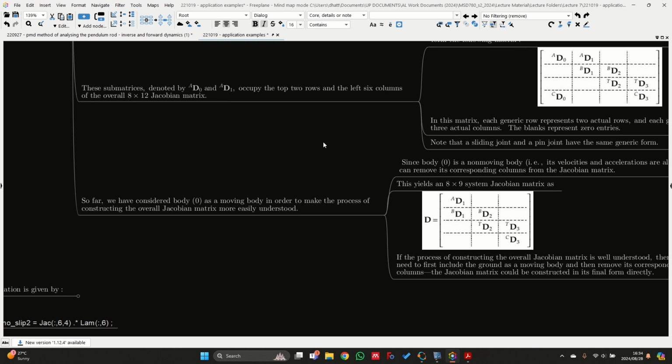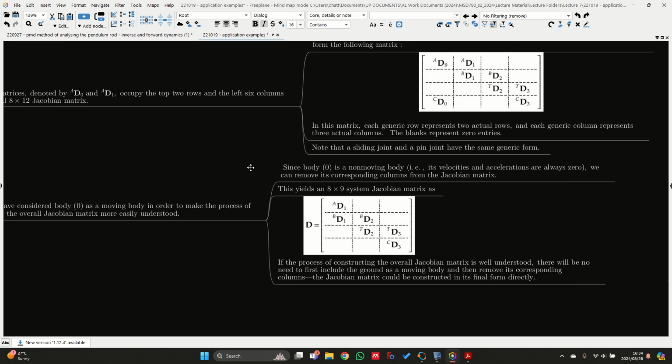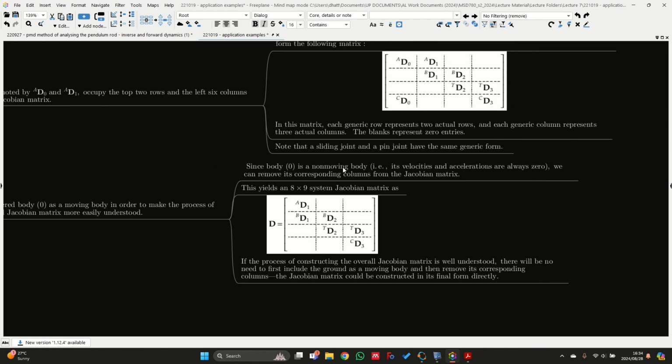So far we have considered body 0 as a moving body in order to make the process of constructing the overall Jacobian matrix more easily understood. However, since body 0 is a non-moving body, in other words, its velocities and accelerations are always 0, we can remove its corresponding columns from the Jacobian matrix. This yields an 8x9 system Jacobian matrix, as shown over here.